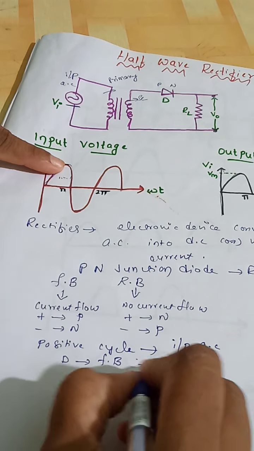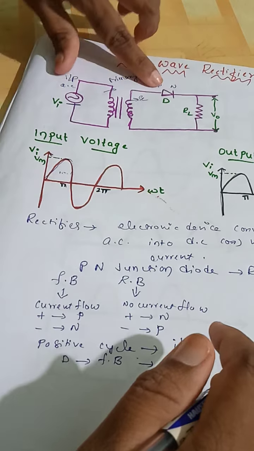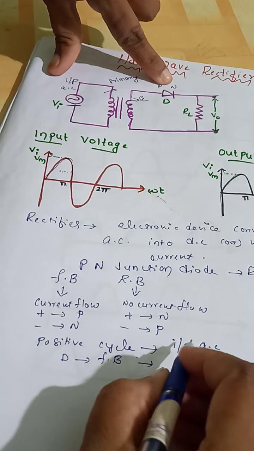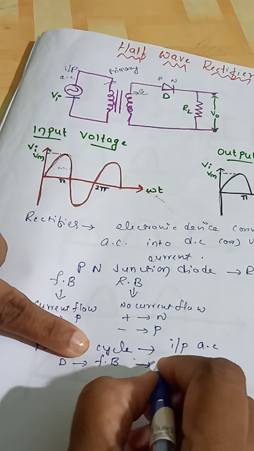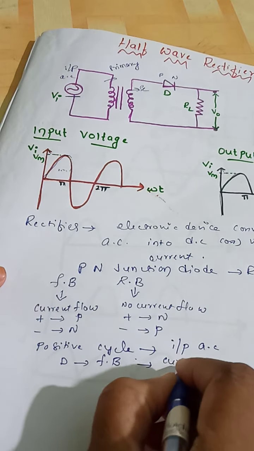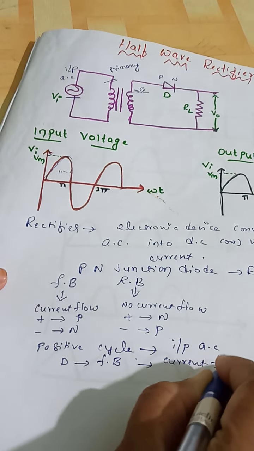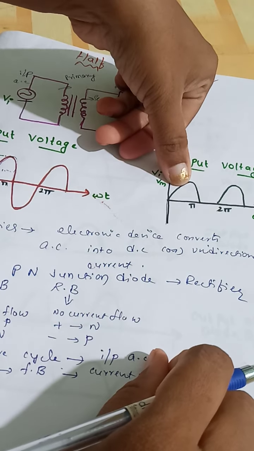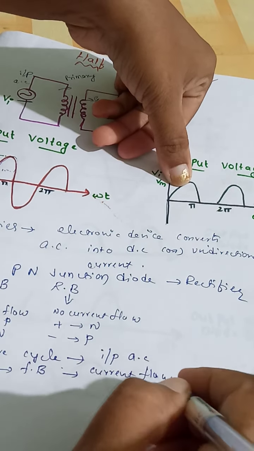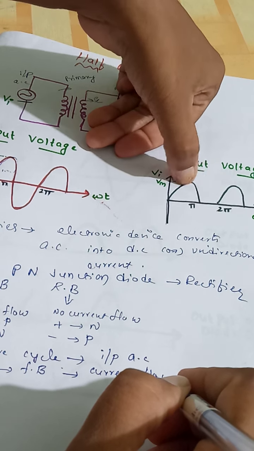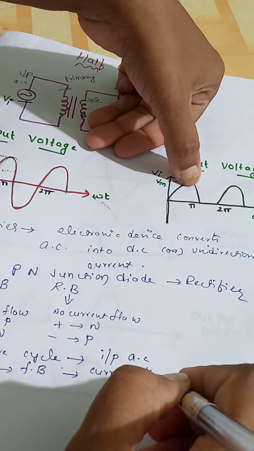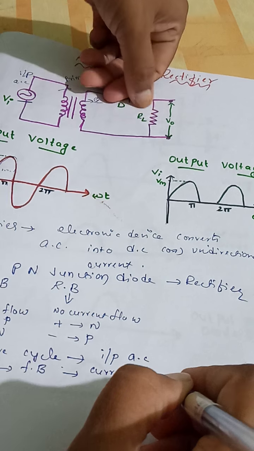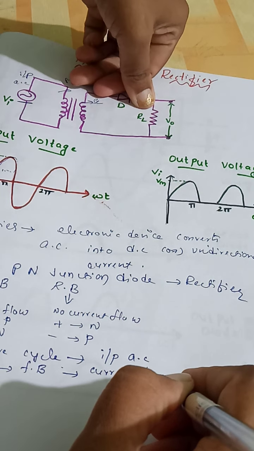Forward biased means what? Forward bias means here we will have current flow. Means here we are getting output. We will have current flow and here we will get output, and that output is taken along this load resistor RL.